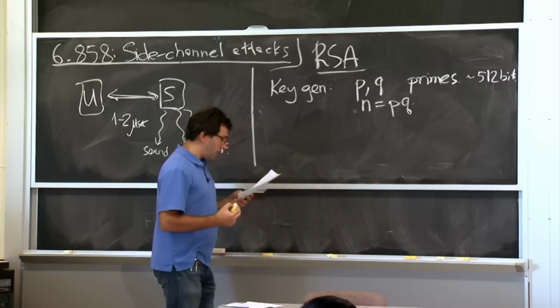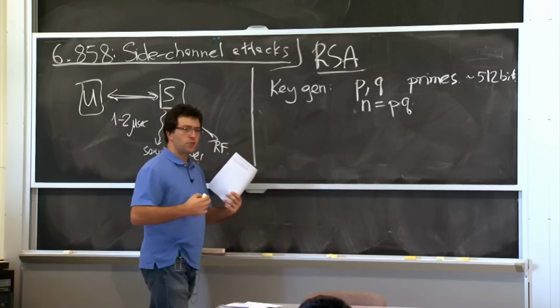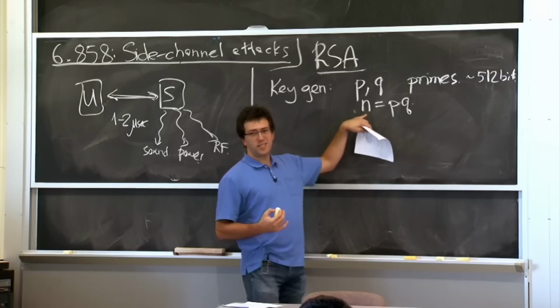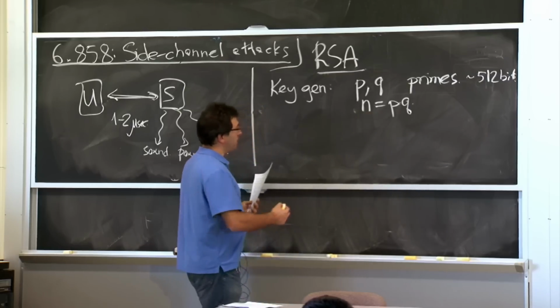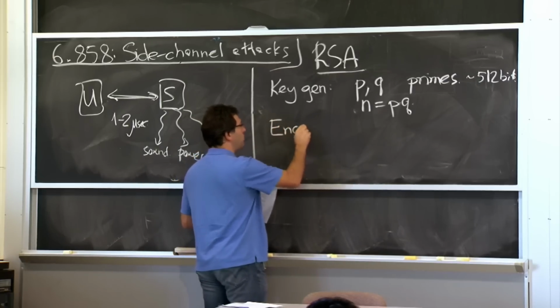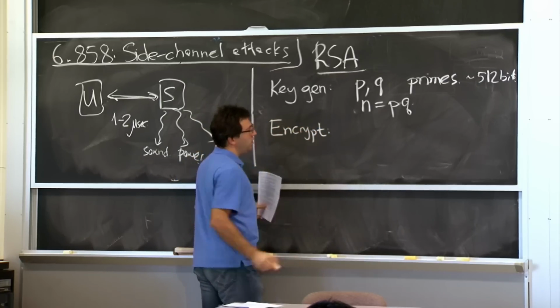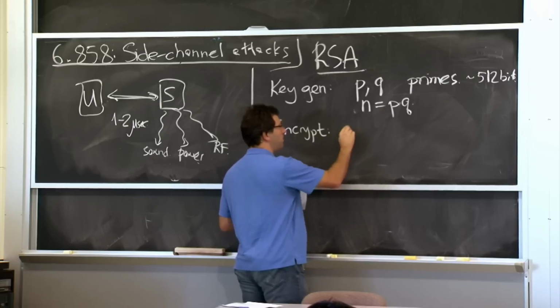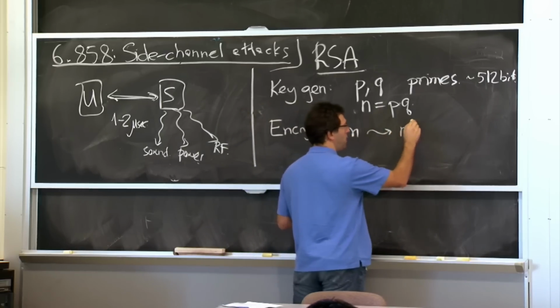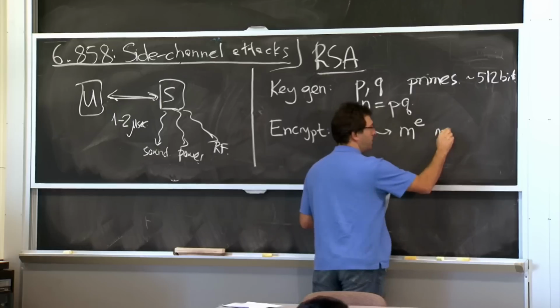The way we're going to do that is by exponentiating numbers modulo this number n. It seems a little weird, but let's go with it for a second. If you want to encrypt a message, we take a message m and transform it into m to the power e mod n.